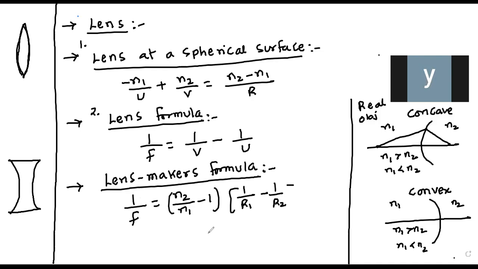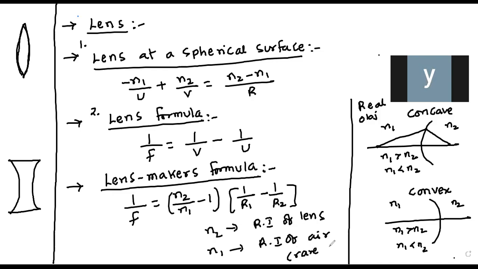Where n2 is the refractive index of the lens. n1 is the refractive index of air, or we can also consider it as the rarer medium. So the lens is a denser medium.